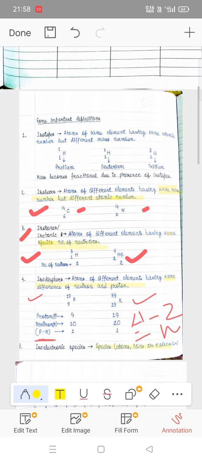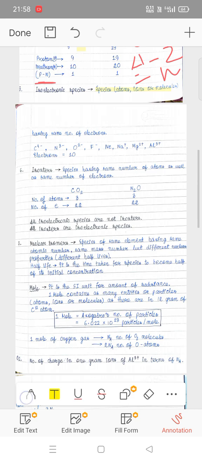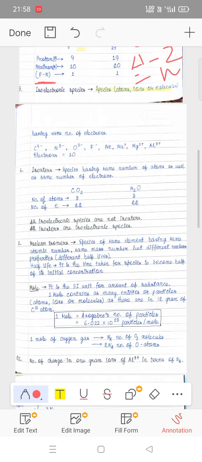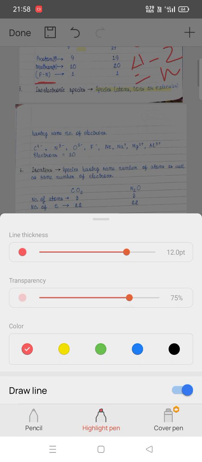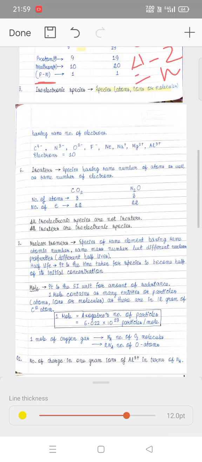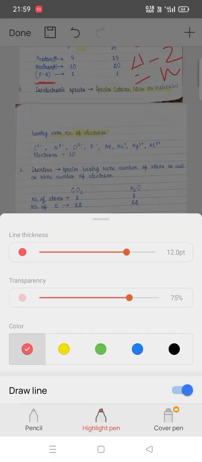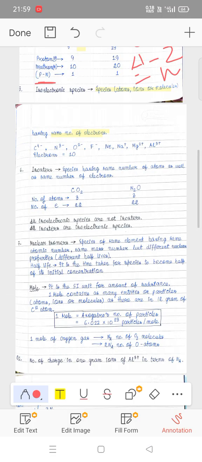Atoms, ions or molecules having same number of electrons. For an example, if we take C4 minus, that is carbon.